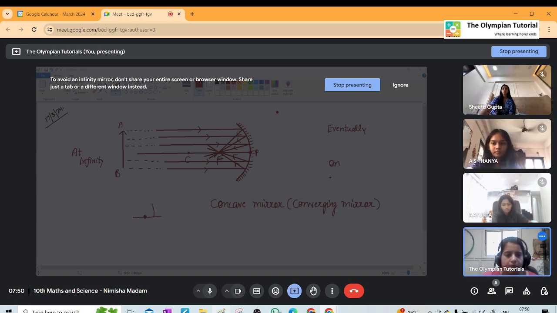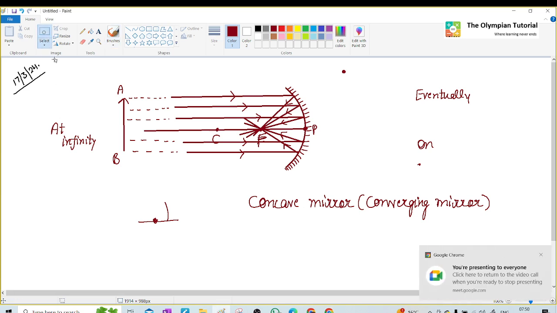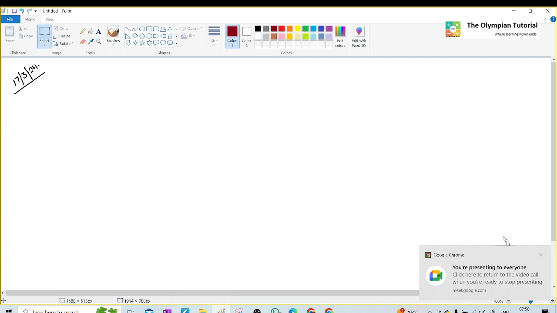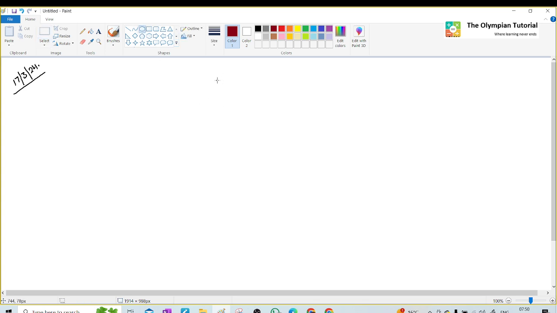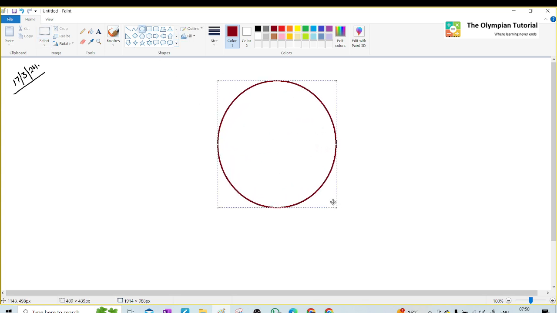Okay, now we will prepare for the convex mirror. For the convex mirror, Thanya, which surface is the reflecting surface? Ma'am, the outward surface. The side of the mirror which is curved outwards is the reflecting surface.